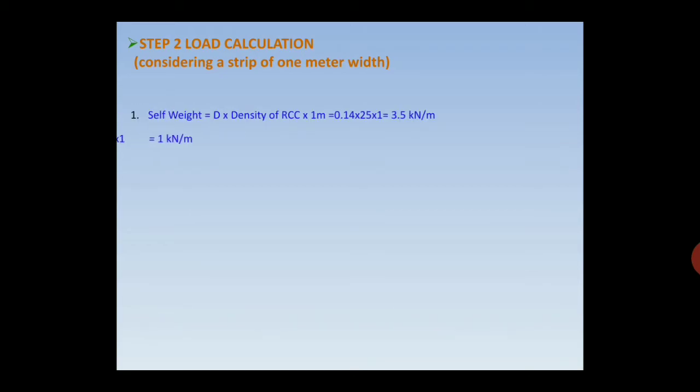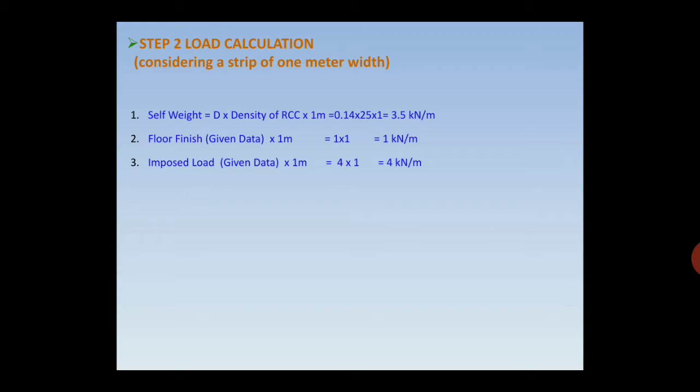So first is the self weight, that is total depth into density of RCC into 1 meter, which comes out to be 3.5 kilonewton per meter. Floor finish is given as 1 multiplied by 1 is equal to 1 kilonewton per meter. Third one is the imposed load, which is 4 multiplied by 1, as we are considering 1 meter width. Standard calculations we are doing for a width of 1 meter.